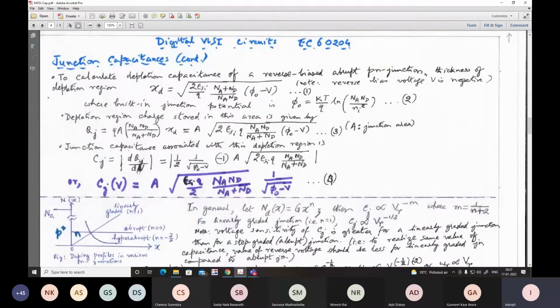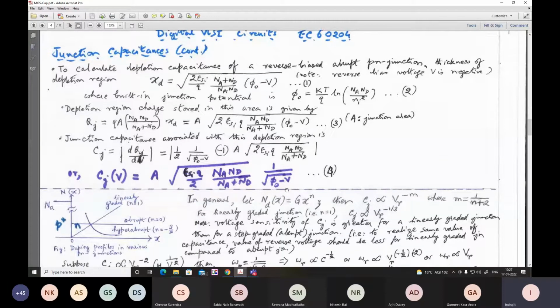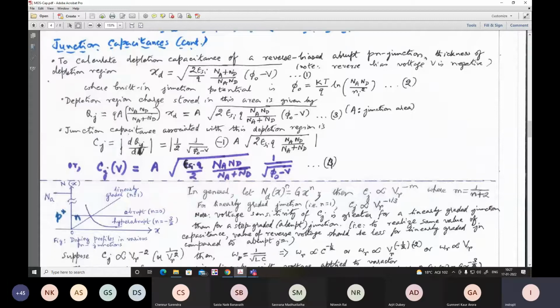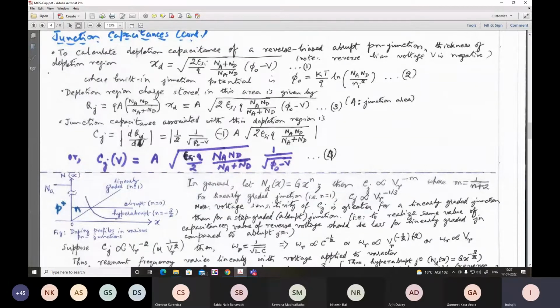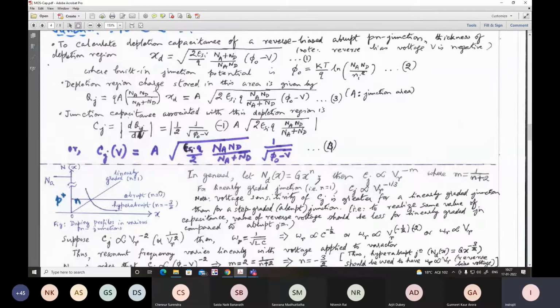We shall get back to this. We shall take up the actual calculation of the capacitance. Before that, let us see a bit of the typical nature of the metallurgy of this PN junction, which accounts for different expressions for this. So let us just prove the general grading.